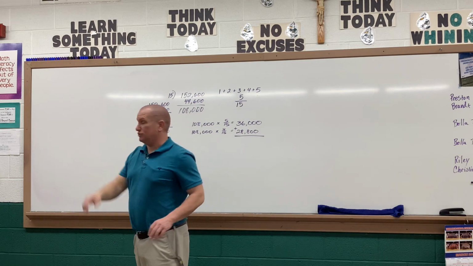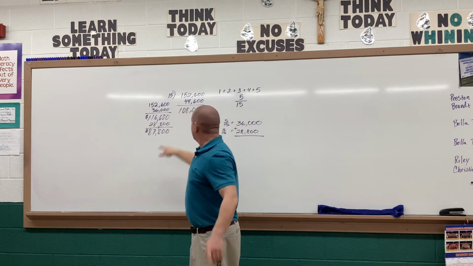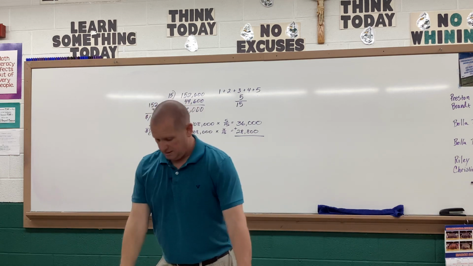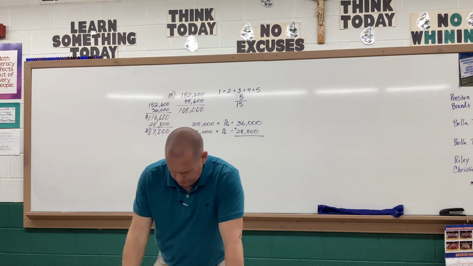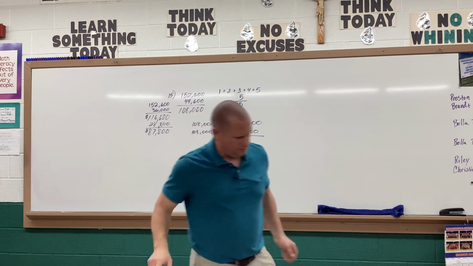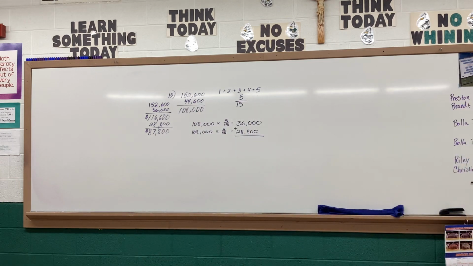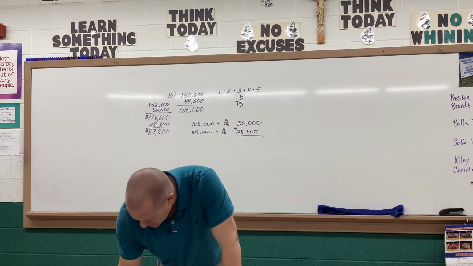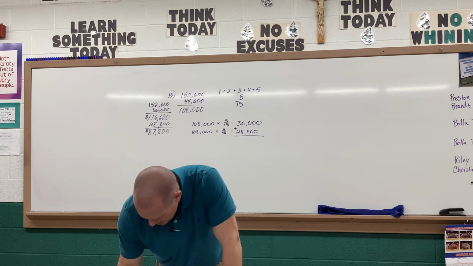The 21,000 is kind of like the 108,000 in this problem. That makes sense? Everybody good with that? What did I say, 393? Yeah. All right, good with the MACRS?